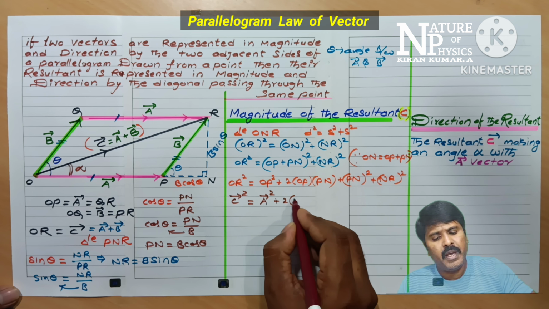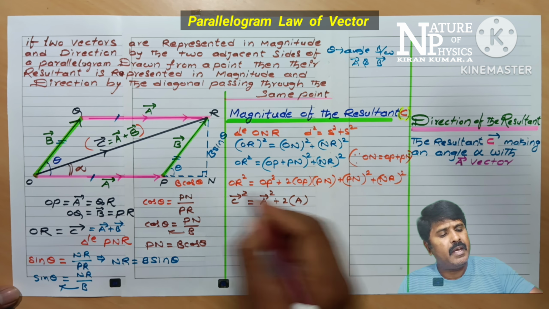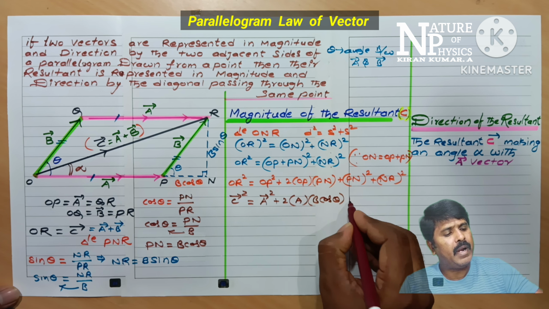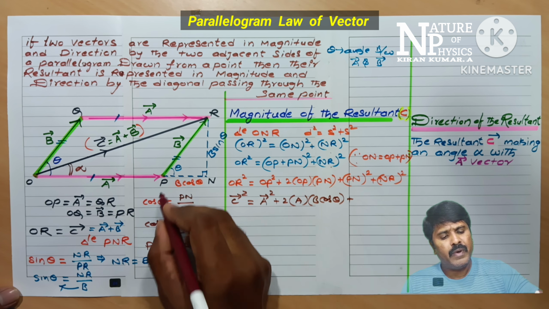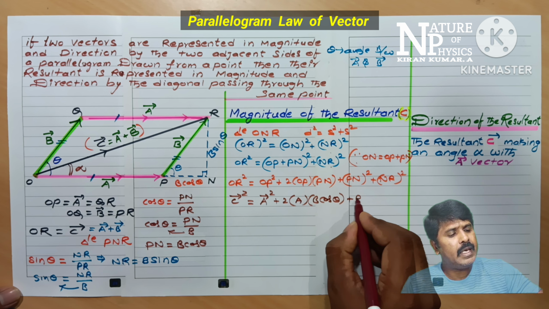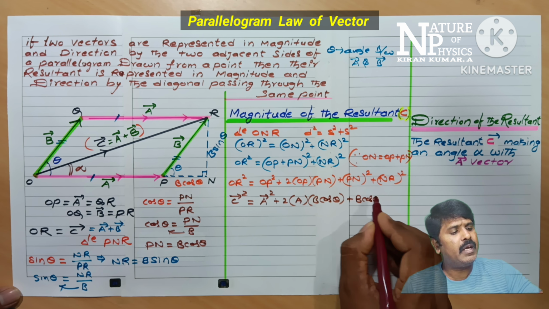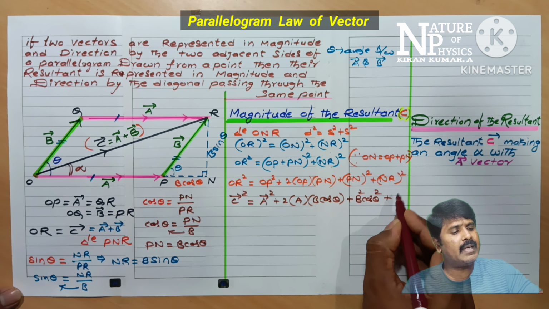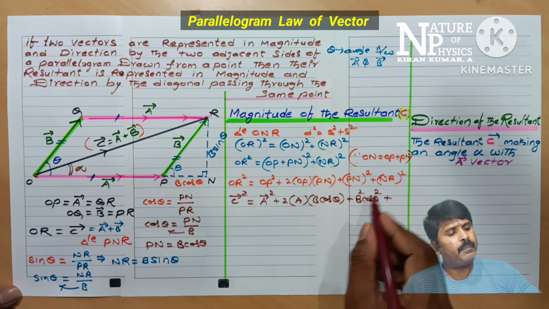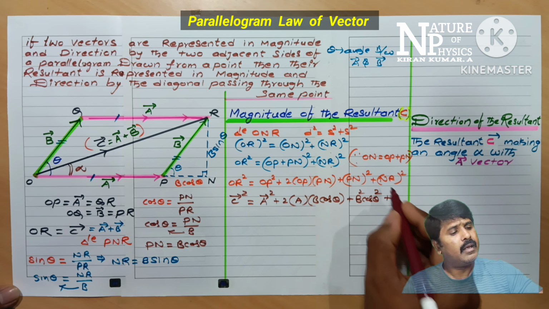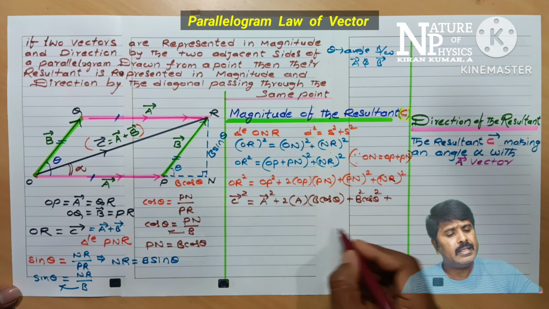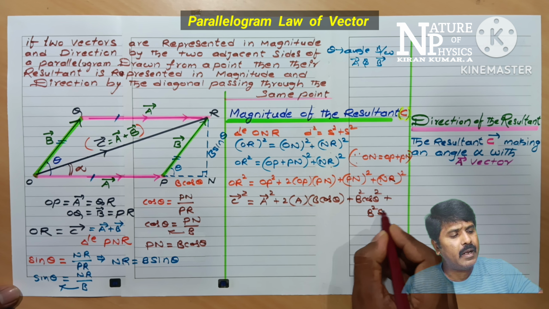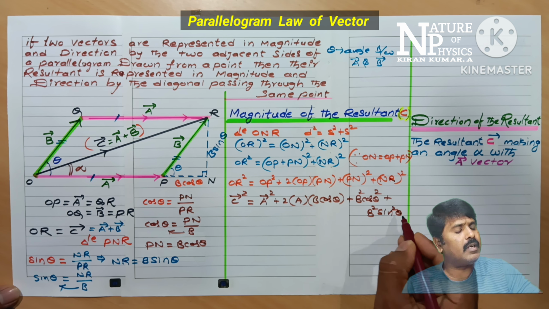Next, 2 OP represents A, and PN represents B cos theta, plus PN square, that's why B square cos square theta, plus the NR value. The NR value is B sin theta whole square, that's why B square sin square theta.